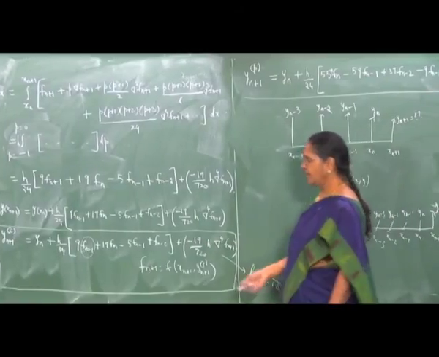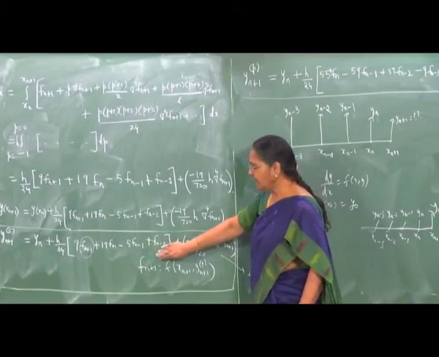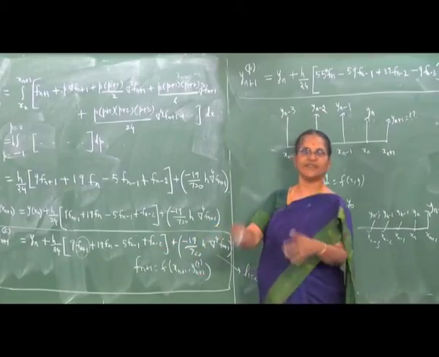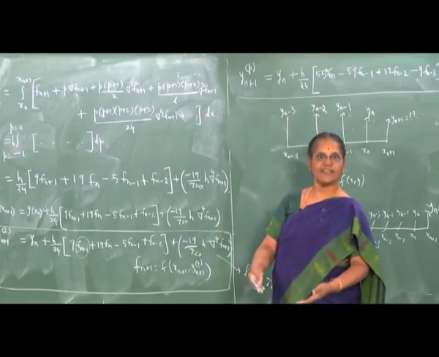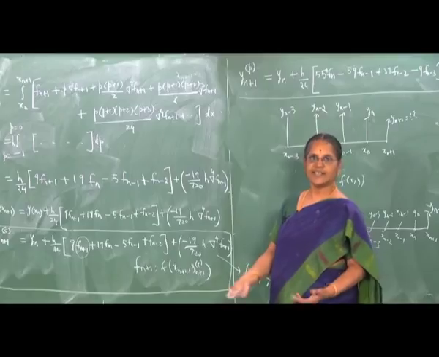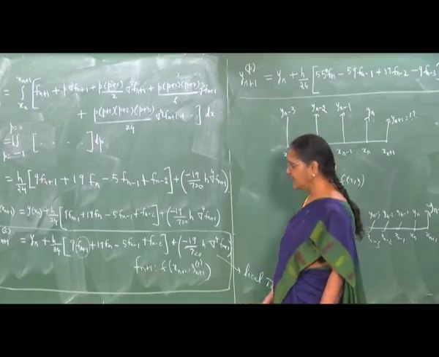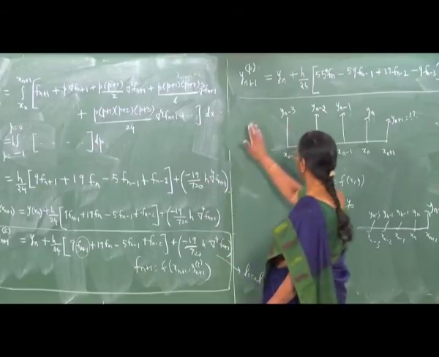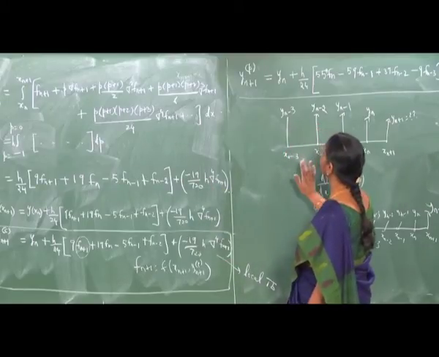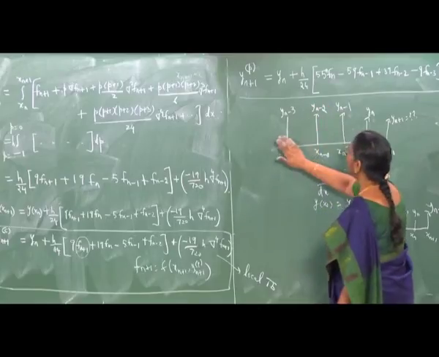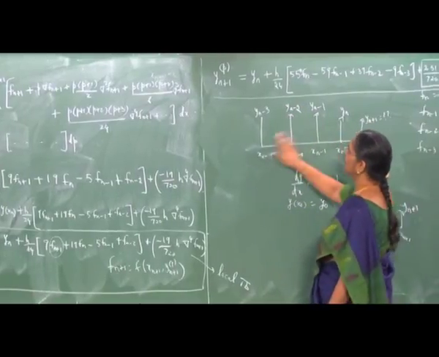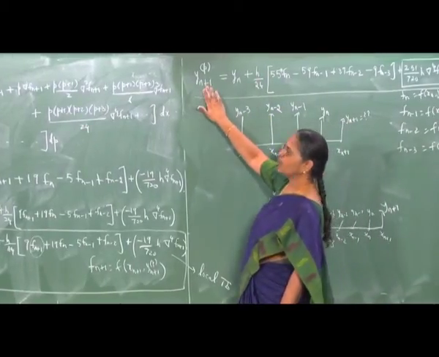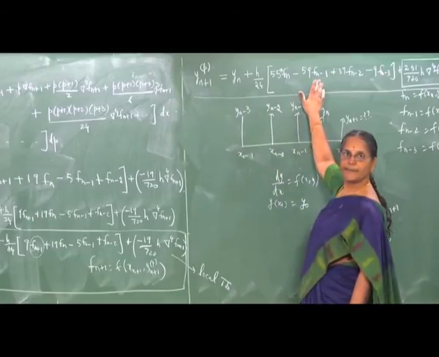In addition, the corrector method can be used successively to recorrect our solution till the desired degree of accuracy is attained. How do we do it? We are given a problem dy by dx and we are given enough information that is required to compute yn plus 1 using the predictor.